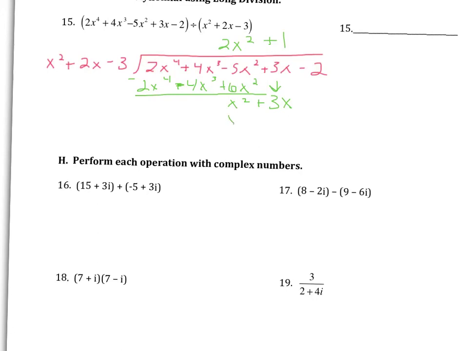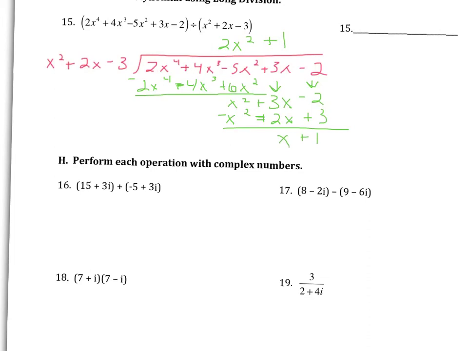So we get x squared plus 2x minus 3. And I'm just going to drop down this negative 2, so I have something to subtract. Now I'm going to subtract that, so we're going to change all the signs. So it looks like I'll get a remainder of x plus 1.